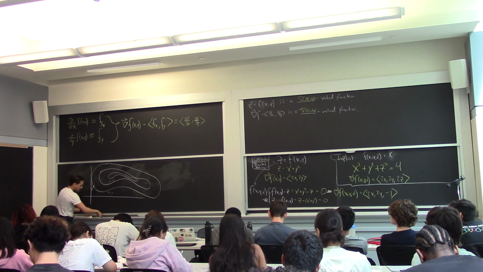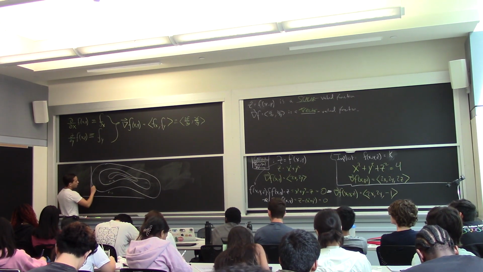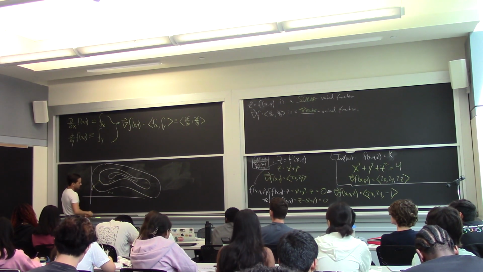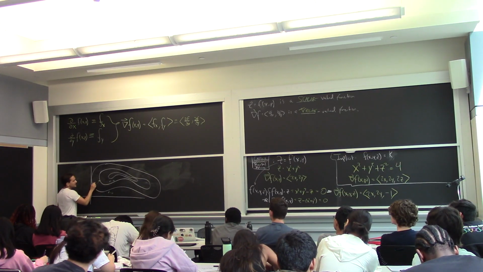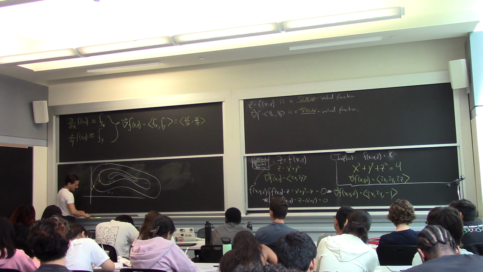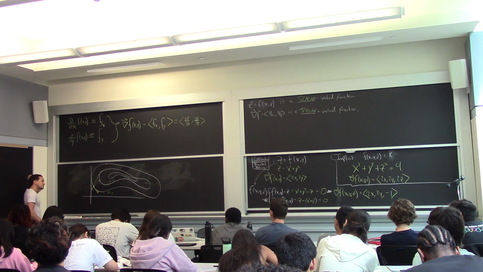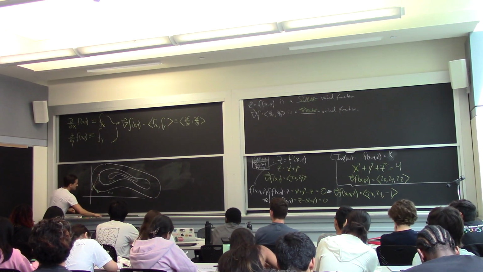I'm going to draw a bunch of different trajectories, and we're going to derive the value of the gradient. So this is one possible route, this is another possible route, and this in green is another possible route.